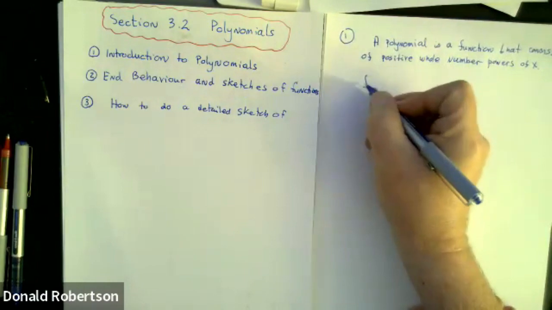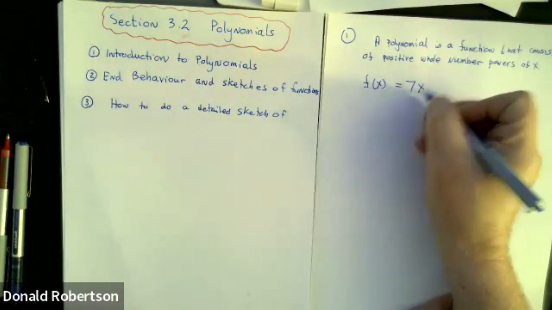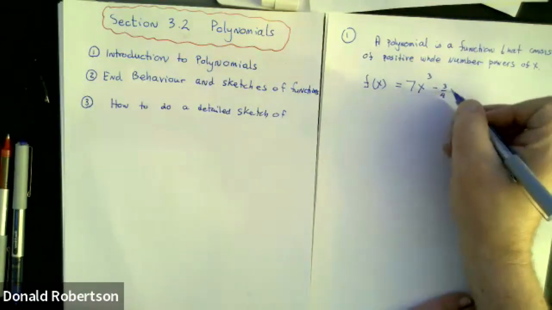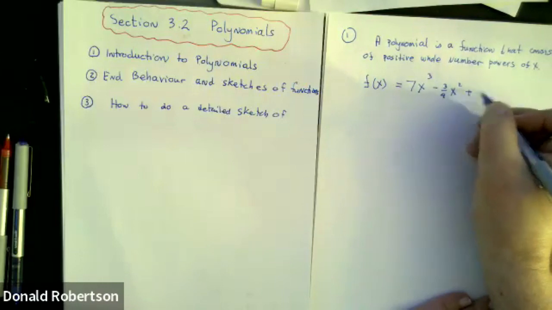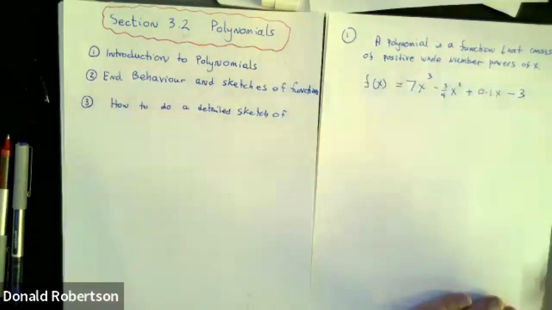So for instance, a typical polynomial might look something like this: 7x cubed minus 3/4 x squared plus 0.1x minus 3.